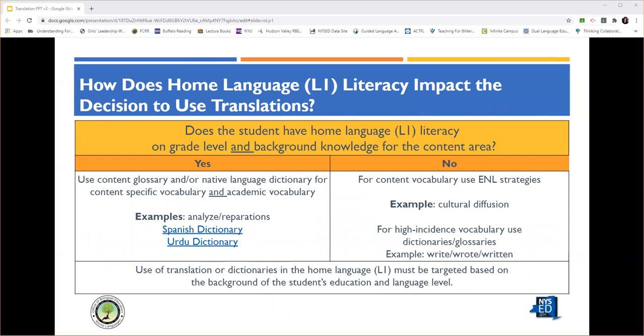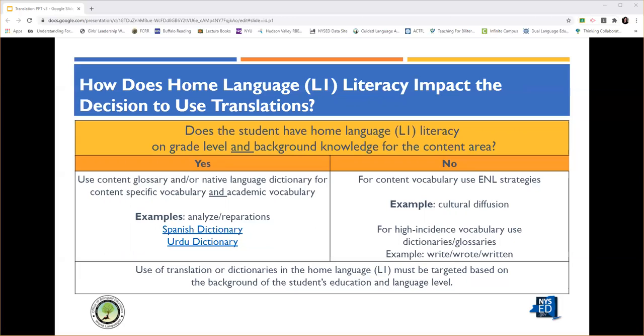The following chart will help you determine how the L1 literacy impacts literacy and the decision to use translations. But first, let's respond to the following question. Does the student have home language literacy on grade level and background knowledge for the content area? If yes, you can use content glossary and or native language dictionary for content-specific vocab and academic vocabulary.